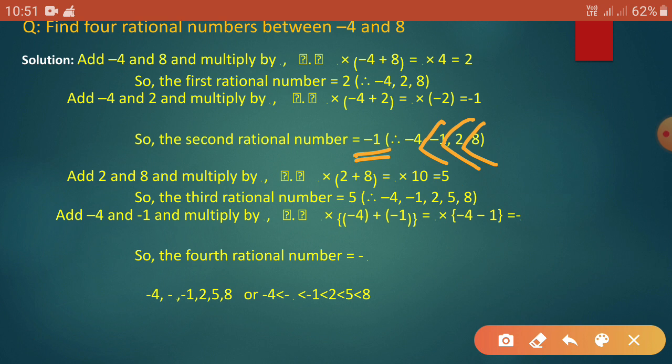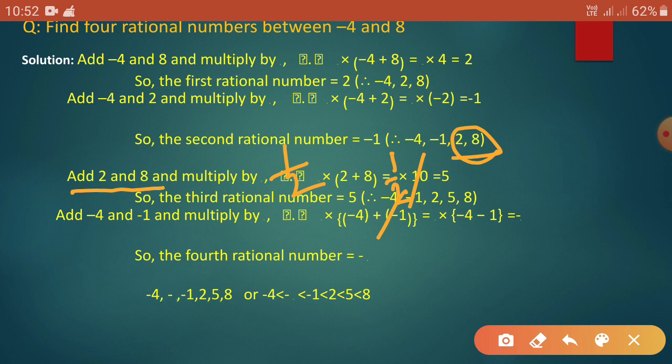Again, if we want to find the rational number between 2 and 8, we add 2 and 8, and then multiply the result by 1 by 2. It gives the result 1 by 2 into 10, that is 5.